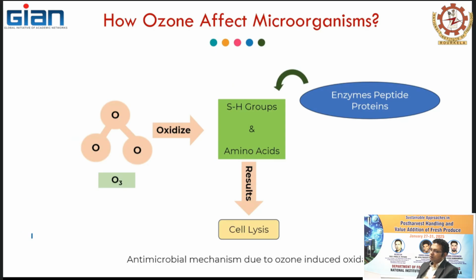our unstable bond may target the SH group with an amino acid as the first site, and the second one, like the enzyme and protein site.